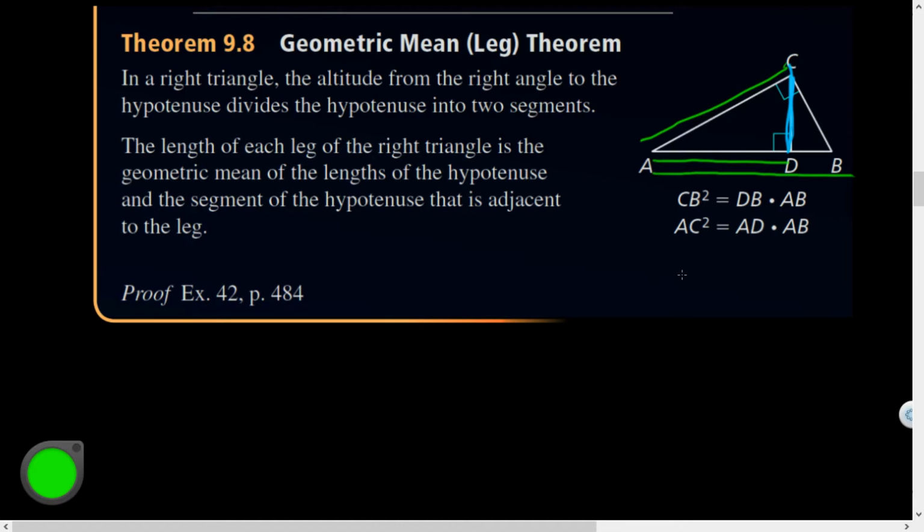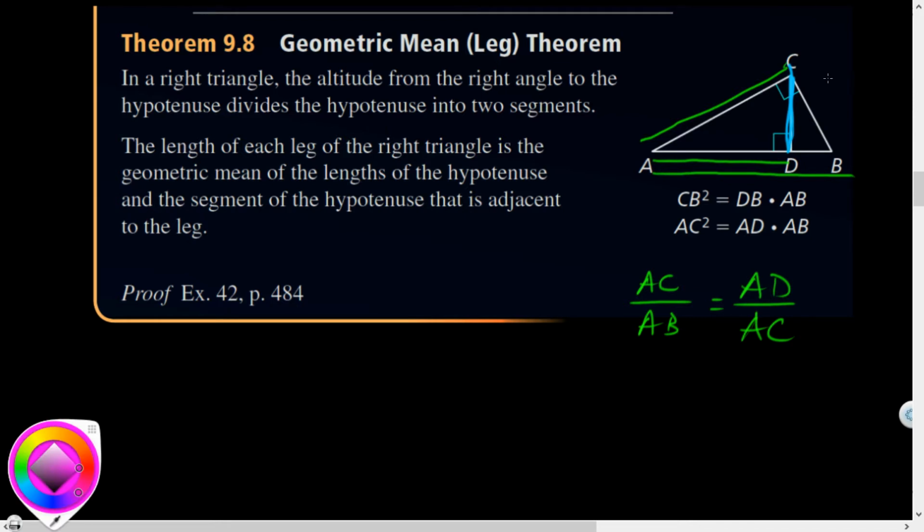Okay, so for the green ones, I would have said that AC over AB is equal to AD over AC. So the AC one is the geometric mean. And if you notice, if I swung this down, it would land somewhere in the middle of AD and AB. So it's like the average, like the mean of those two things.